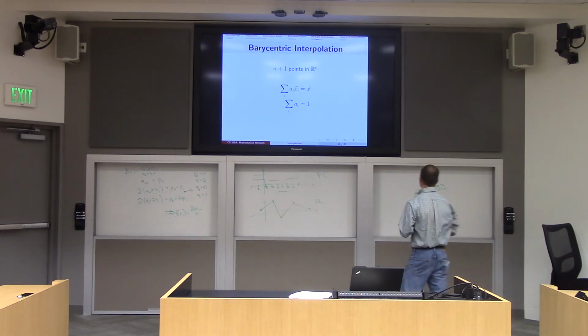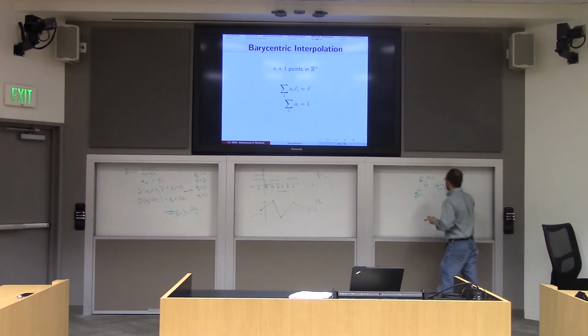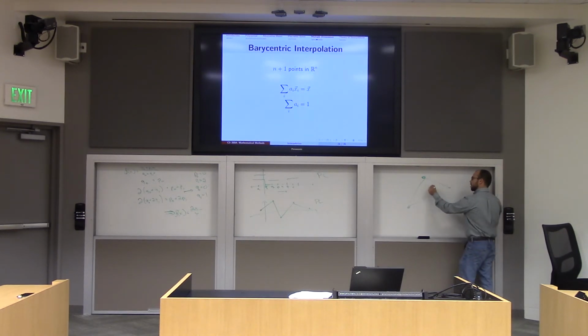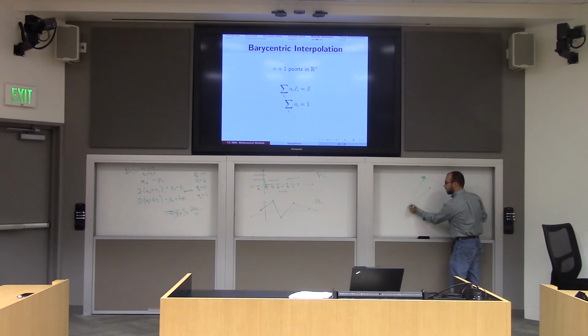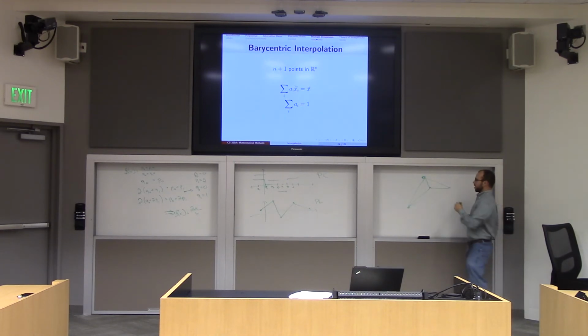It has a beautiful interpretation on the plane. In particular, let's draw this a little bit bigger. Let's say that I'm inside of the triangle, and I want to interpolate f at this point here. Then one thing I could do would be to draw lines from this point to the 3 vertices, and look at the areas, A1, A2, and A3.